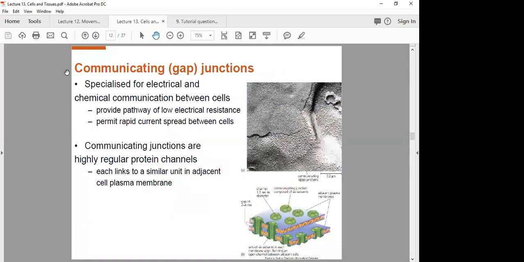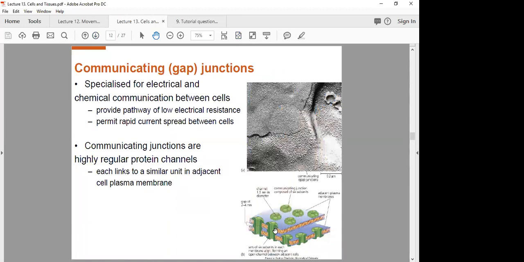All right, and our third group of junctions are the communicating or gap junctions. These are specialised for electrical and chemical communication between cells. They provide a pathway of low electrical resistance and permit the rapid current spread between cells.